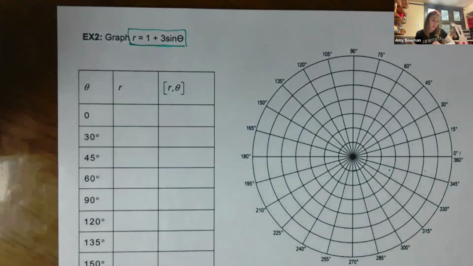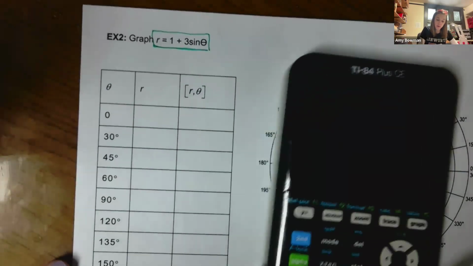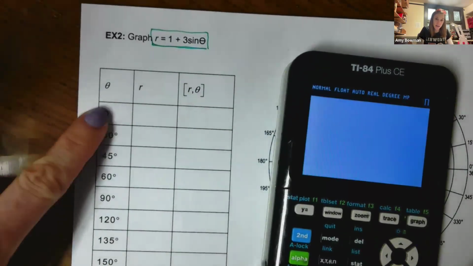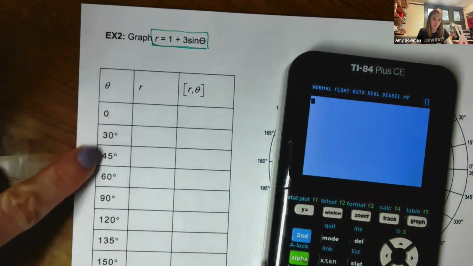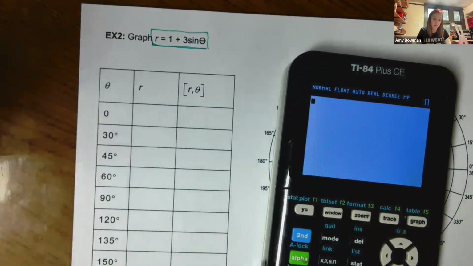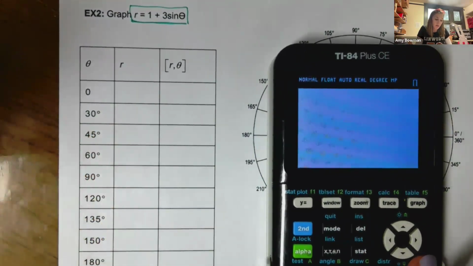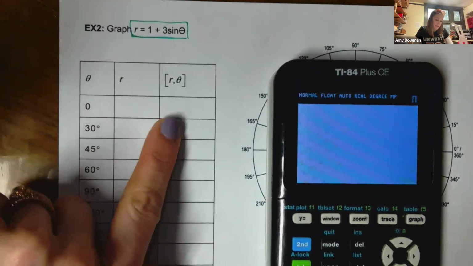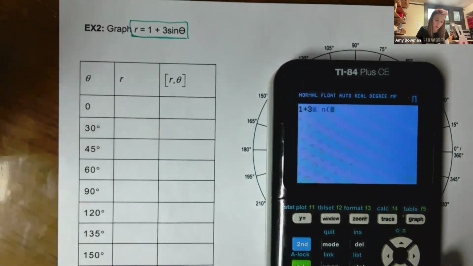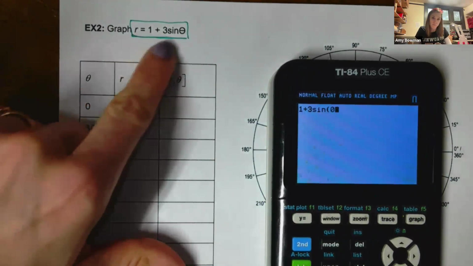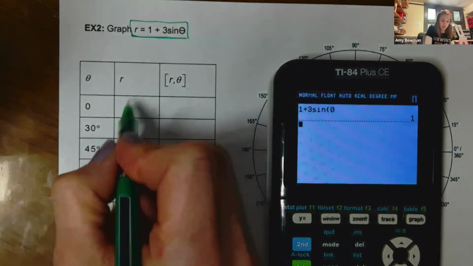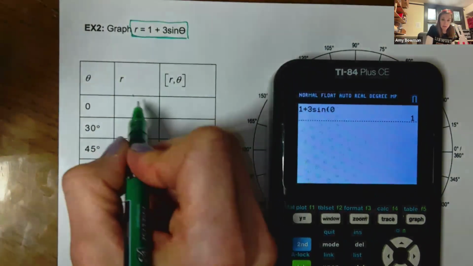So let's go ahead and fill out the table. Again, before you even begin, make sure you are in degrees. We were in degrees for the last one, so we don't have to make any changes. And then as we start filling out the values, we're just going to do 1 plus 3 sine 0. Sine of 0 is 0. Add 1.